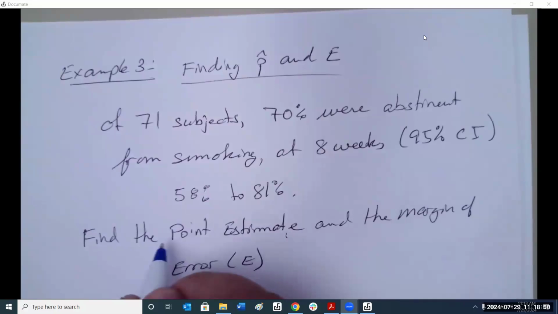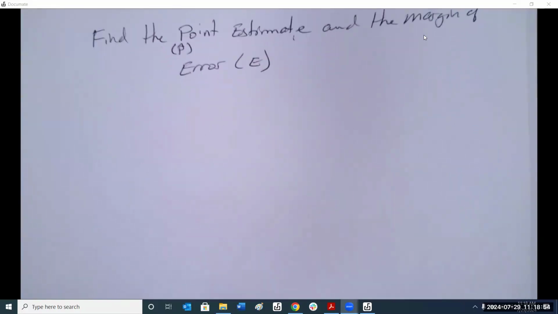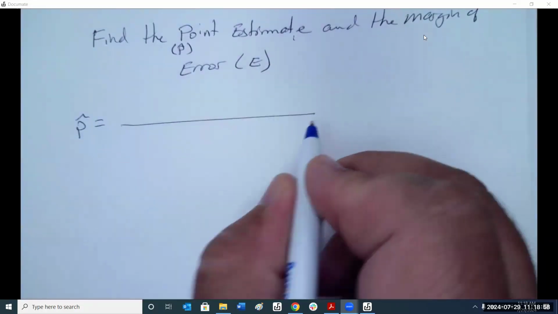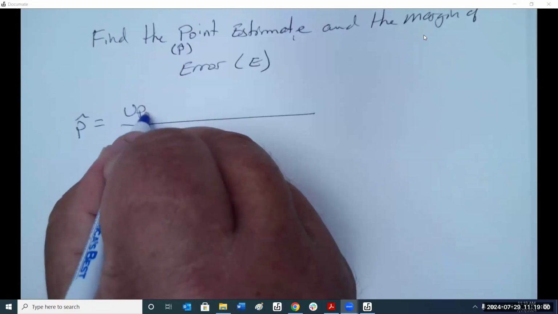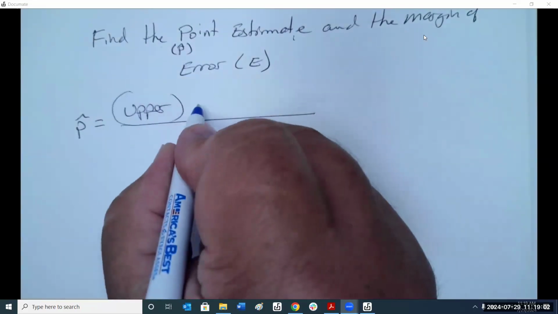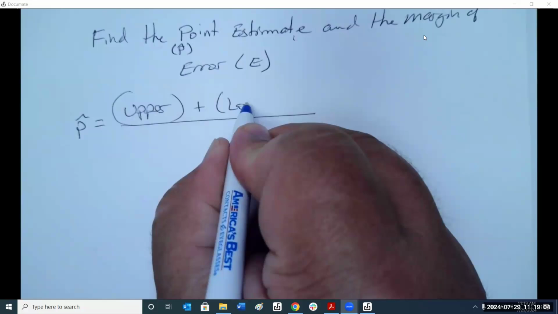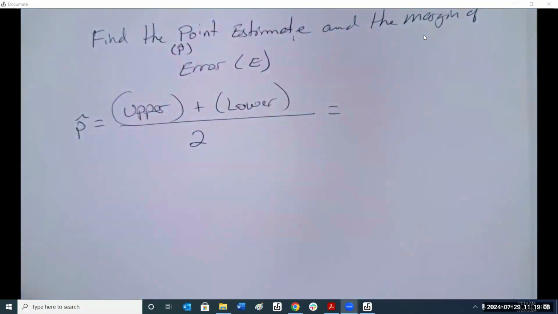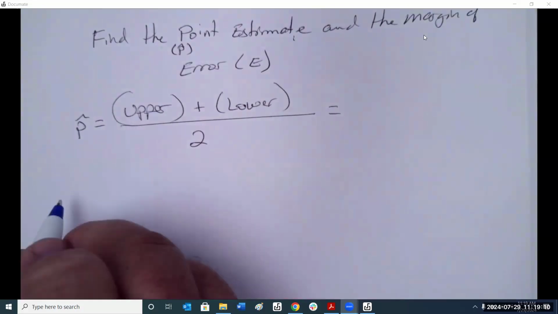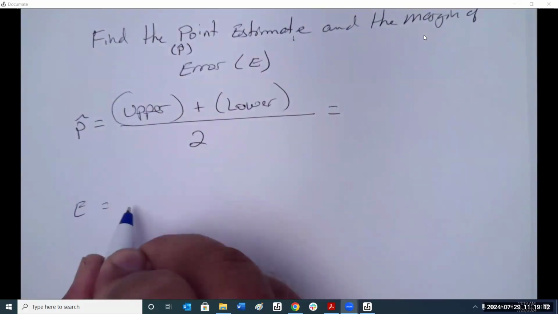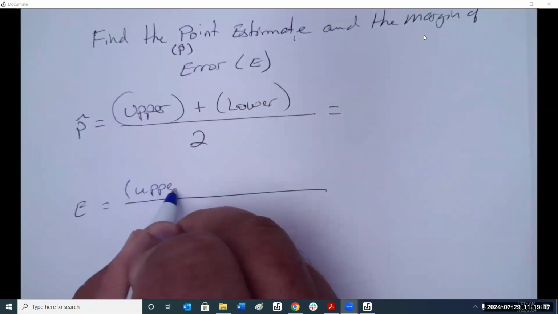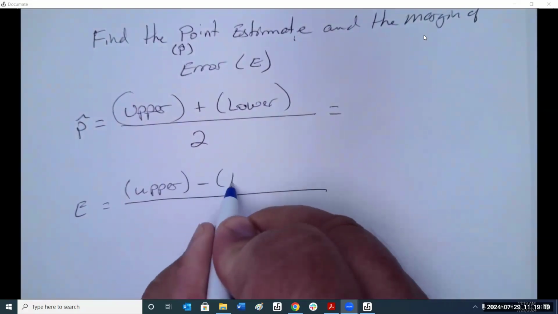The point estimate is p hat. So these are our formulas.